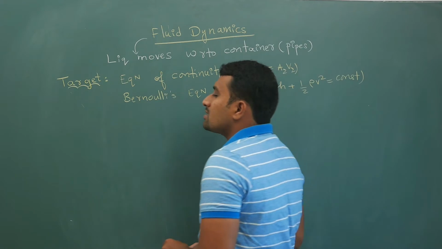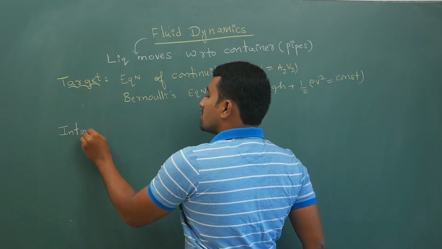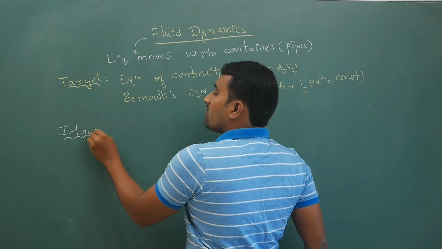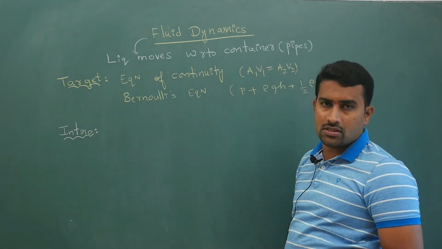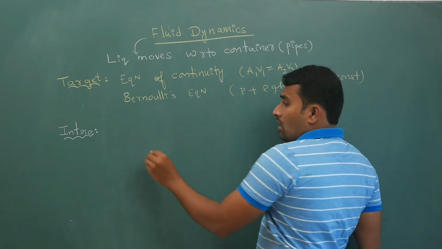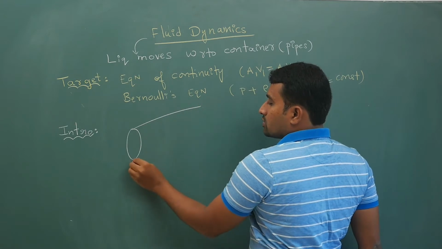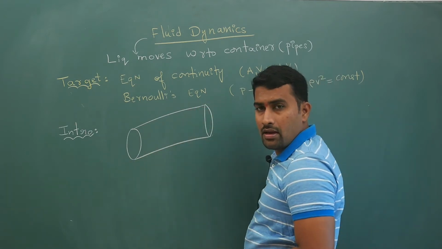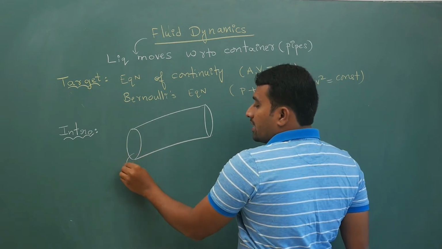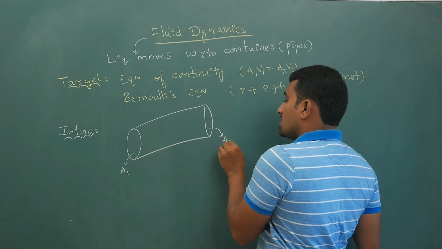Now let us take a small introduction. It is not required, but for understanding's sake, I list a few points. Whenever a liquid is going through a pipe, let us say you have a pipe, and on this side the area of cross section is A1, and on this side the area of cross section is A2.